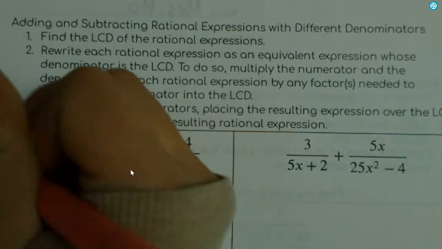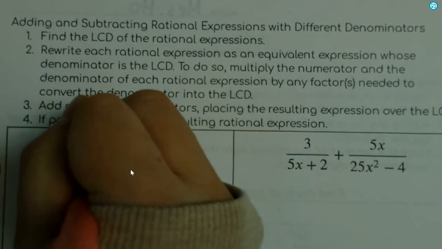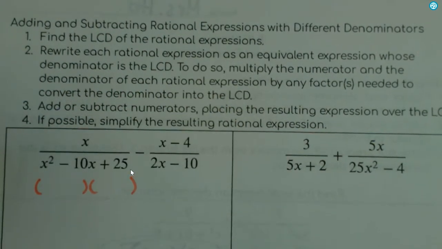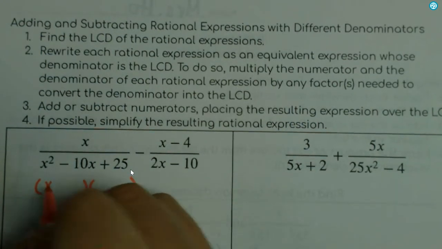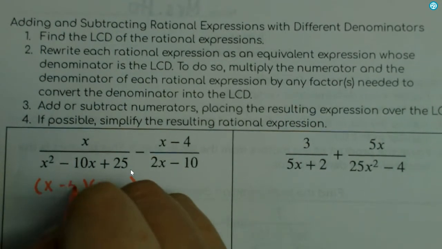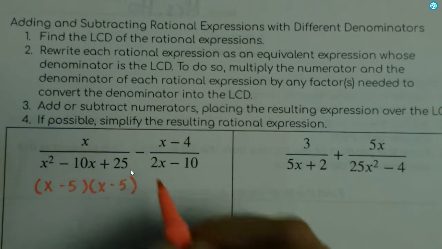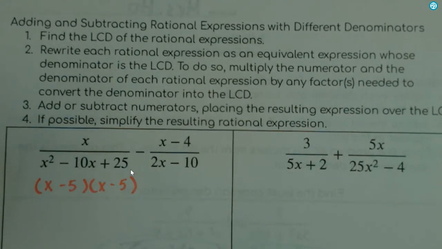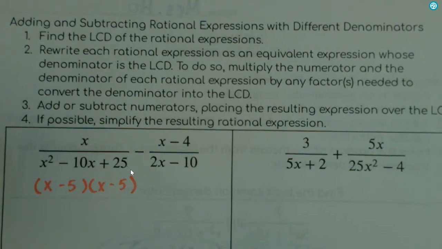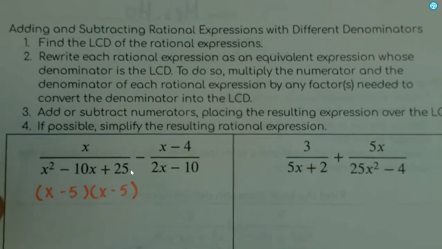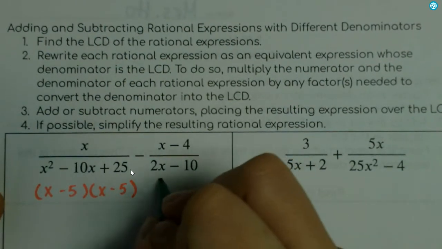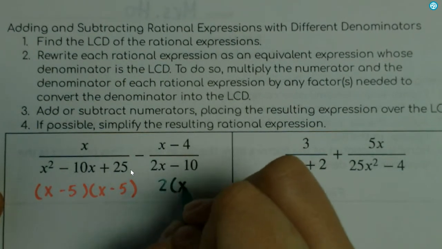So, this guy, what multiplies to be 25, adds to be negative 10? Awesome, Vivian. X minus 5 and x minus 5. Then for 2x minus 10, that guy can factor. We can pull a 2 out, and that'll leave behind x minus 5.